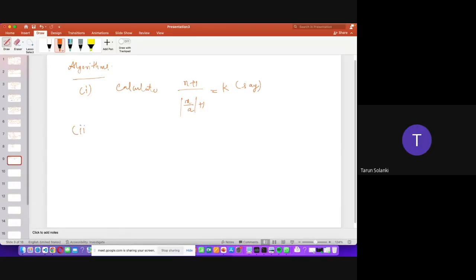Step 2: if k is an integer, then T(k) and T(k+1) are the numerically greatest terms.